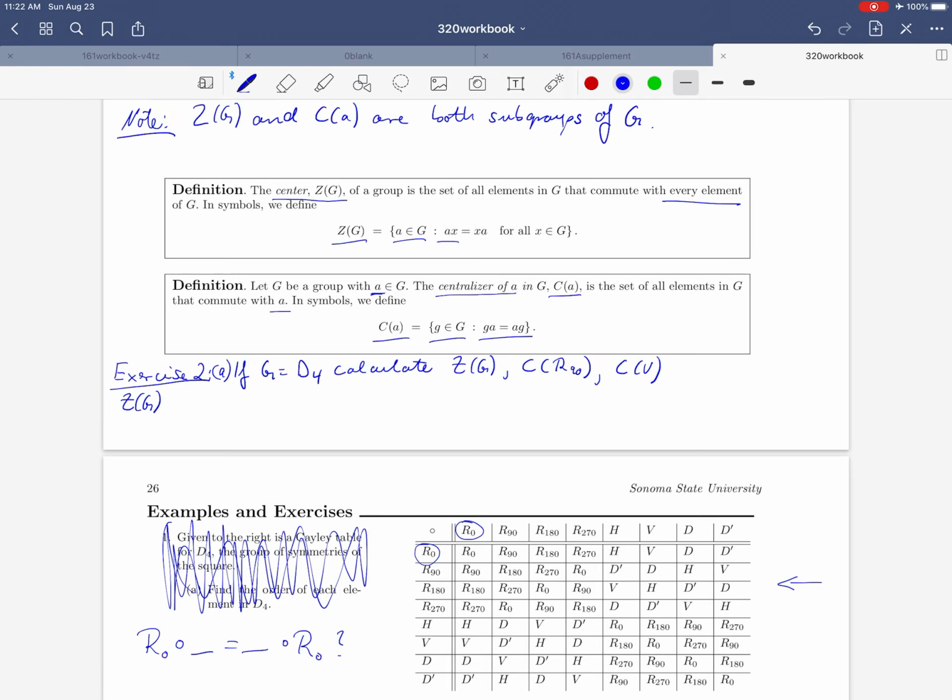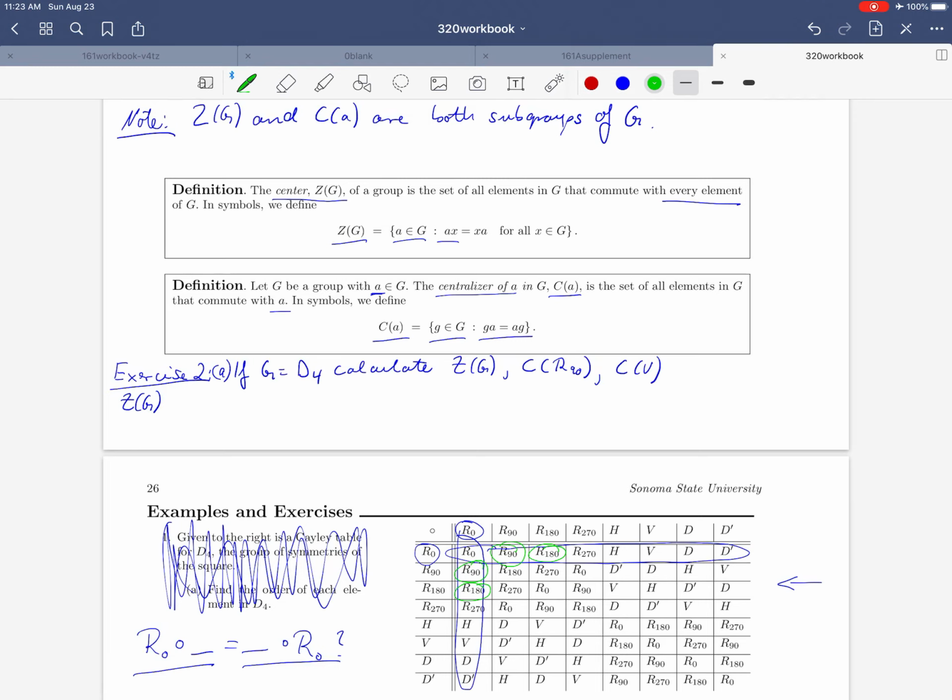And so we need to compare the first row, because that is R0 composed with everything, with the entries in the first column, because that is everything composed with R0. And we can see that very nicely. R0 composed with R90 is R90 composed with R0. And then we can go down and compare the next two entries.